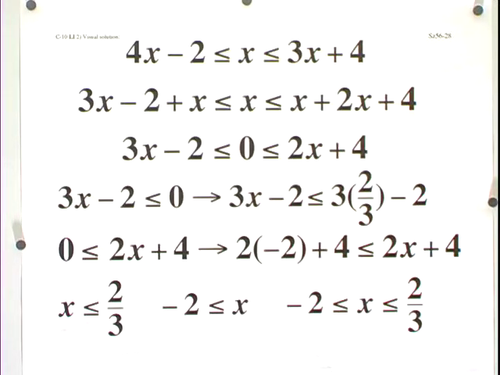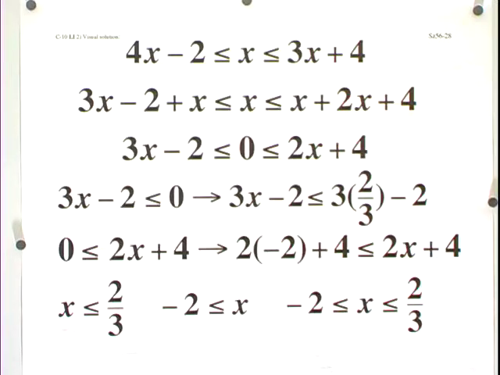The first thing I'm going to do is reformulate 4x. I want to match this, so I'm going to write it as 3x plus x. Bring that minus 2 down. Then this 3x, I need to reformulate it to x plus 2x in order to match that middle one.